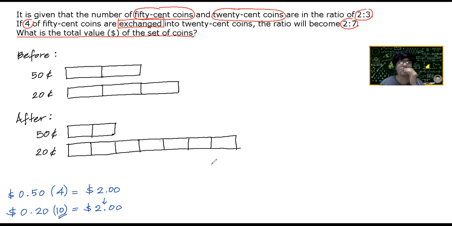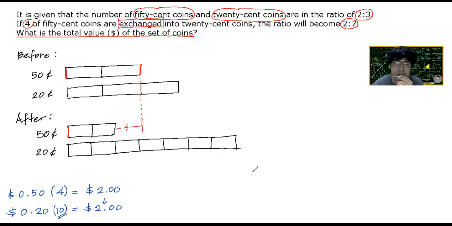Now, this is what 2 is to 7 looks like. Comparing these numbers, let's say I will use red for the 50-cent coins. If you're about to compare these numbers, this will become 4 pieces of these 50-cent coins.